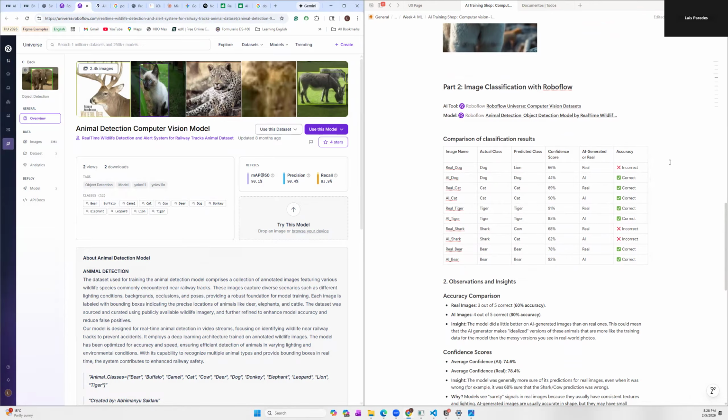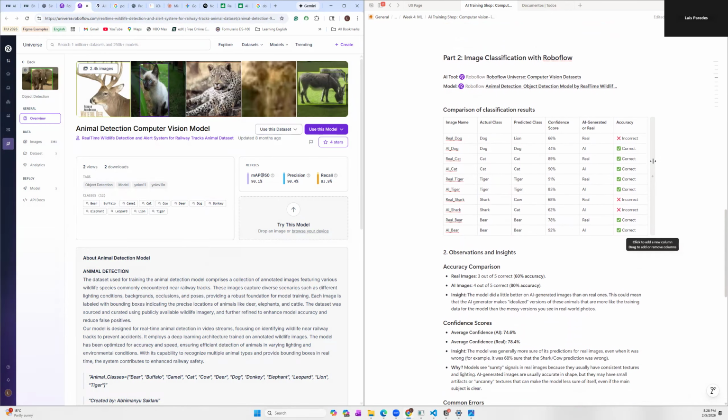The comparison results are in this table, and this is how I structured it. This is the image name, the actual class, predicted class, confidence scores, AI-generated or real, and the accuracy. Most of the images were correct, but 3 images of the 10 were incorrect.